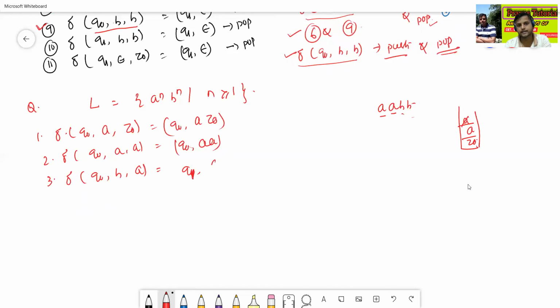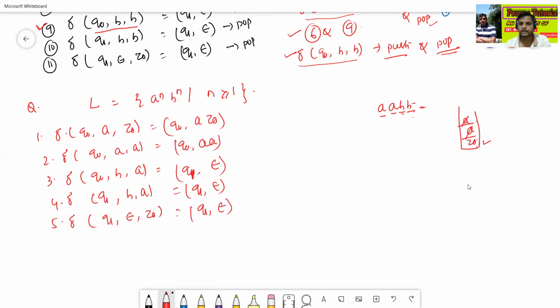I'll change the state here to Q1 epsilon, B will pop this one. The fourth one, delta Q1 BA goes to Q1 epsilon. The fifth one, delta Q1 epsilon Z0, top of the stack is Z0, goes to Q1 epsilon.